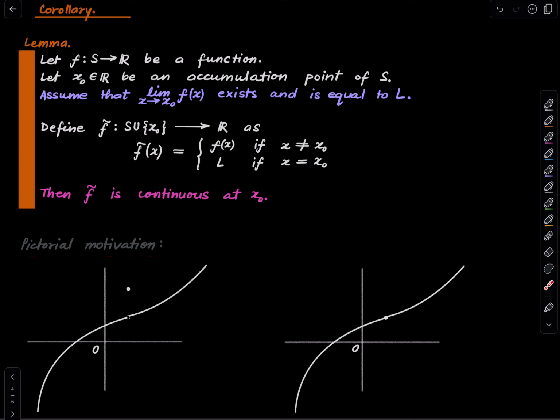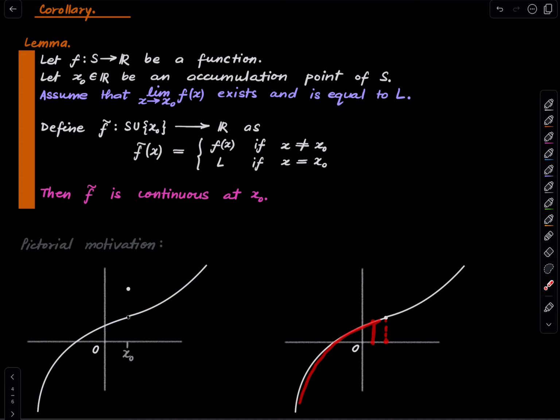Suppose my S is all of real numbers. And X naught is this point. Let me mark that. This is X naught. And the value at X naught is this guy. Now, if this is the graph of f, what is the graph of f tilde? Well, if you're different from X naught, you mimic the function f.